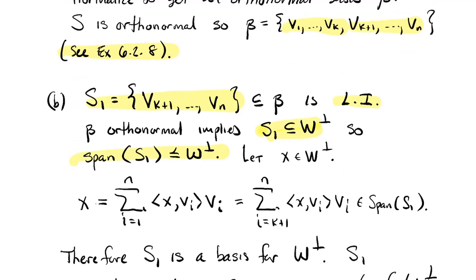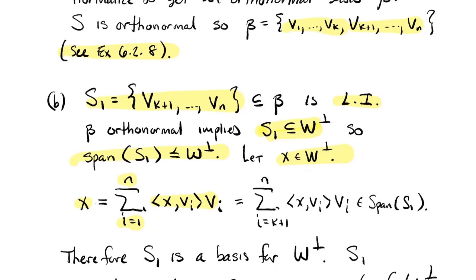So if you take any vector x in W perp, we know we can write it as a linear combination of the entire basis using the Fourier coefficients. So that's a sum from 1 to n, right? But x is in W perp, so it's orthogonal to everything in W. So in particular, it's orthogonal to the first k vectors in this sum.